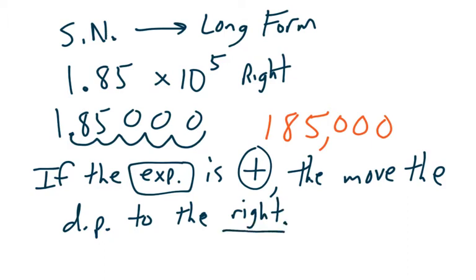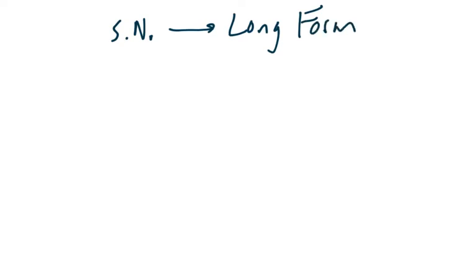Okay? And I'll give you one final rule here. Again, let's say we're going from scientific notation to long form. This time, let me come up with a number here. Let's say I have 6.12 times 10 to the negative 4.